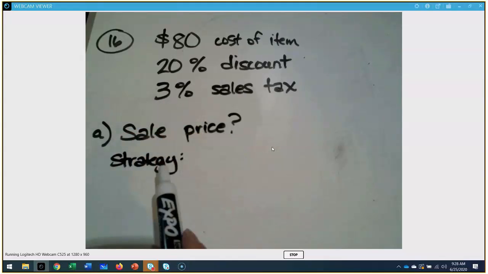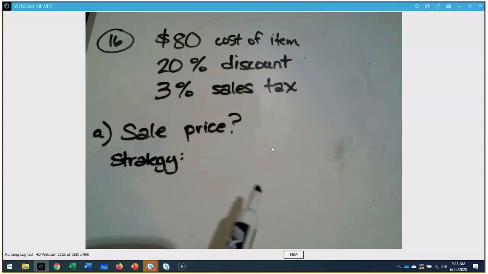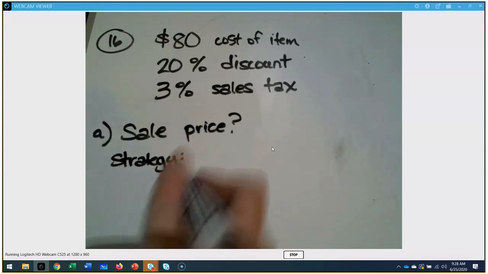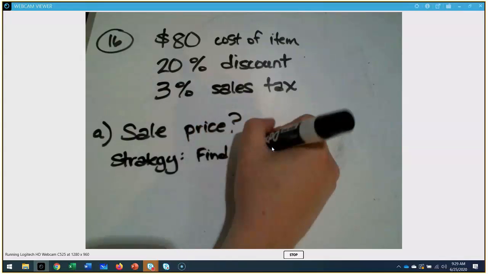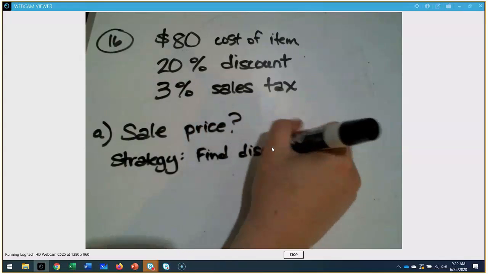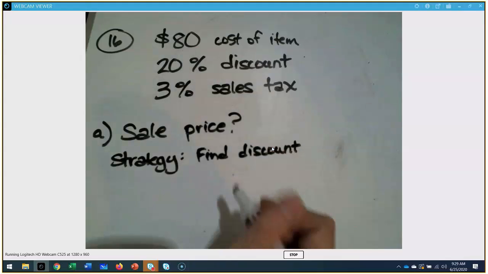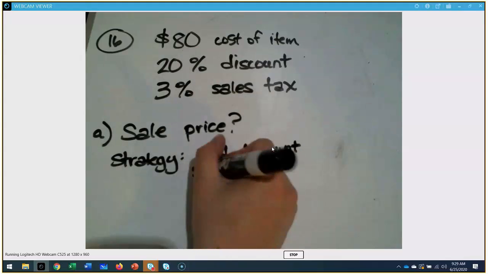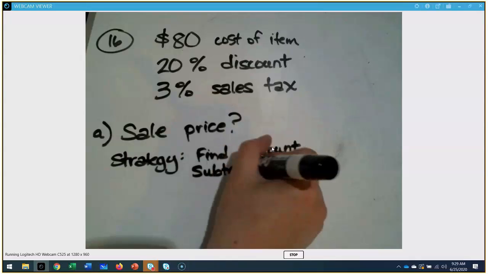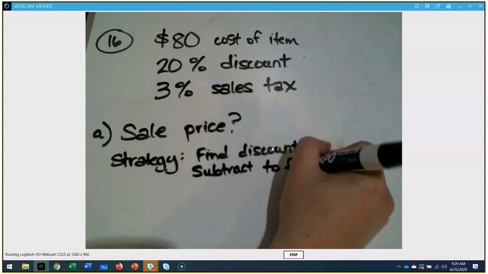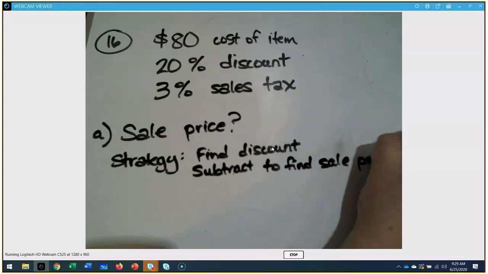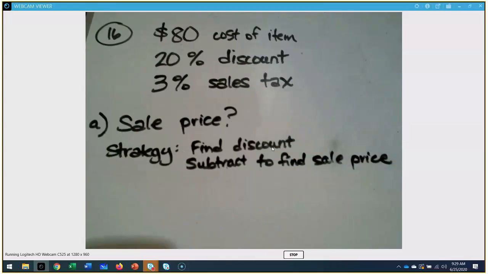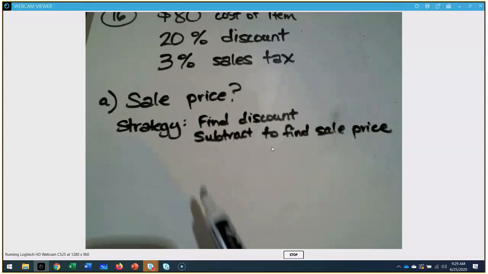We've done a few questions like this before where they broke it up into different parts. We need to first find the discount and then subtract to find the sale price.